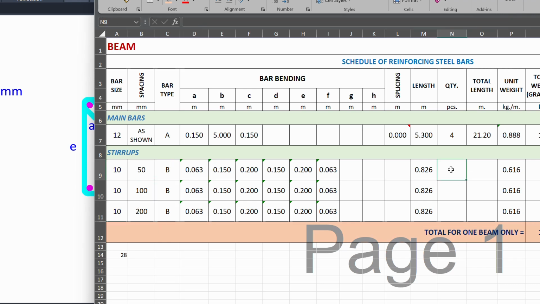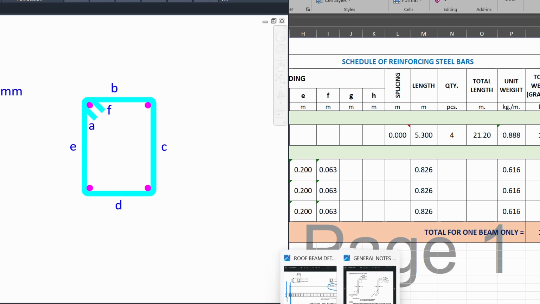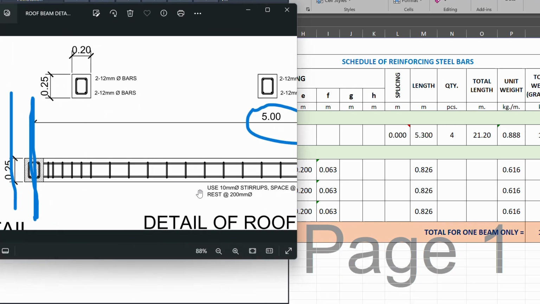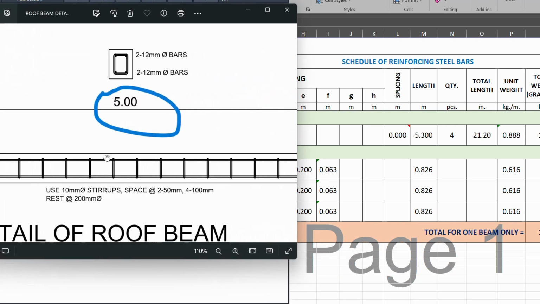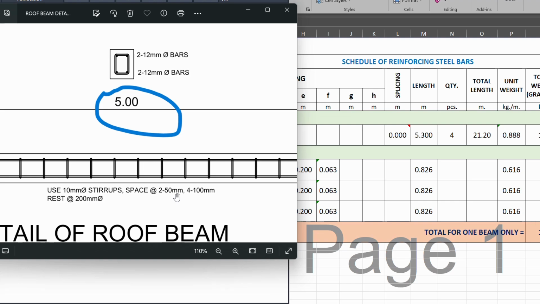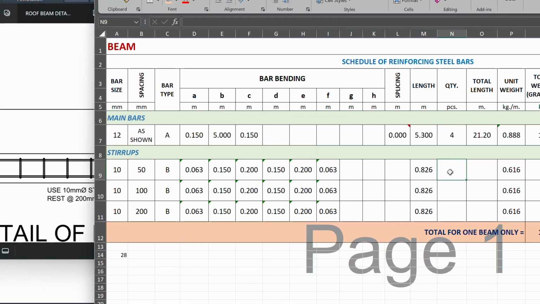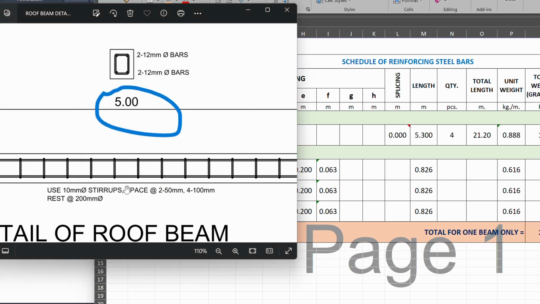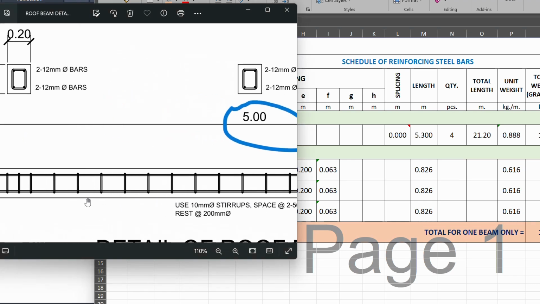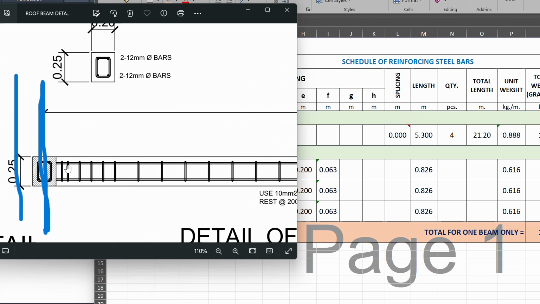So quantity. Let's get back to the details. Here it says 250 mm. So we can put 2 here, right? But 2 means just on this side.